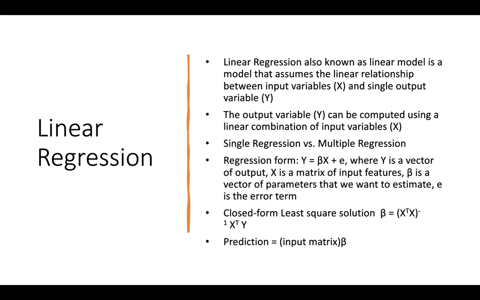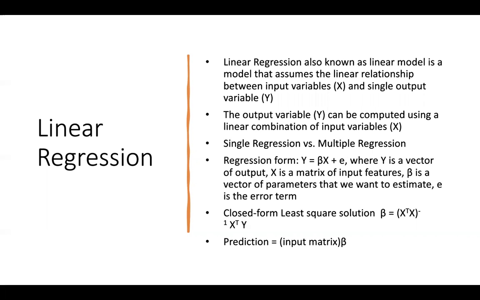Linear regression is also known as a linear model. That is the model that assumes a linear relationship between input variables and a single output variable. The output variable can be computed using the input variables.